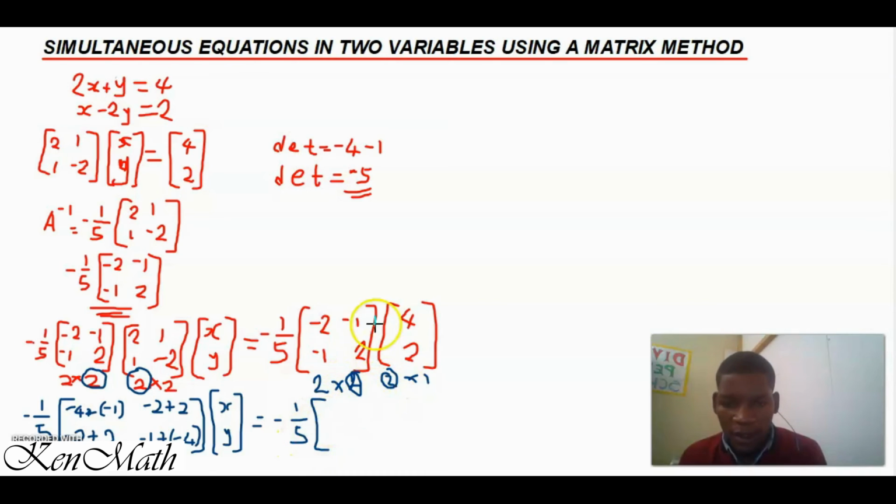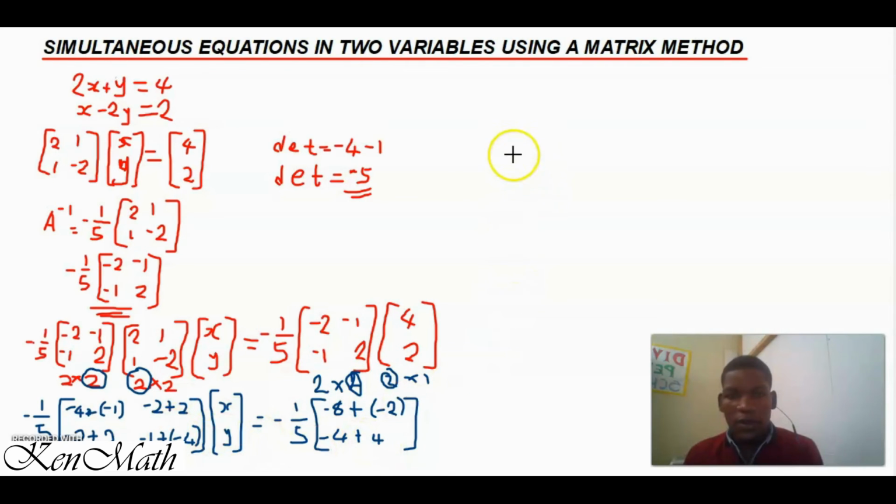Okay, so from there we start multiplying. -2 multiplied by 4, row by column, so it's -8, then plus negative 1 multiplied by 2, it's negative 2. Okay, so close, because there is no other column this side. Negative 1 multiplied by 4, it's negative 4. 2 multiplied by 2, it's 4. So it gives us 4 there.